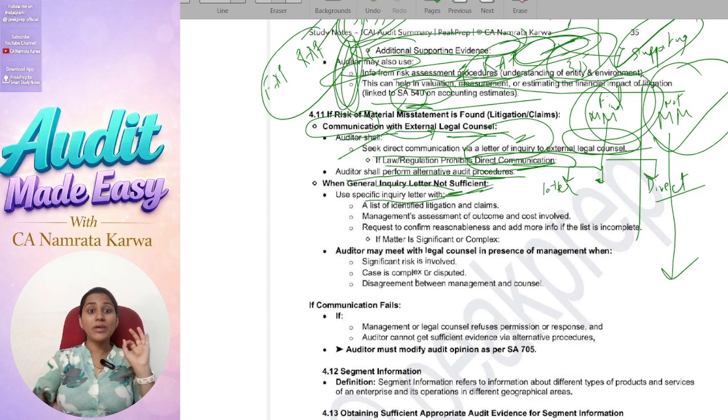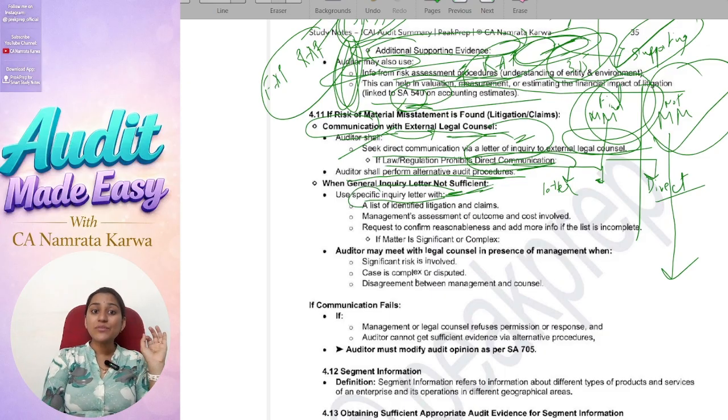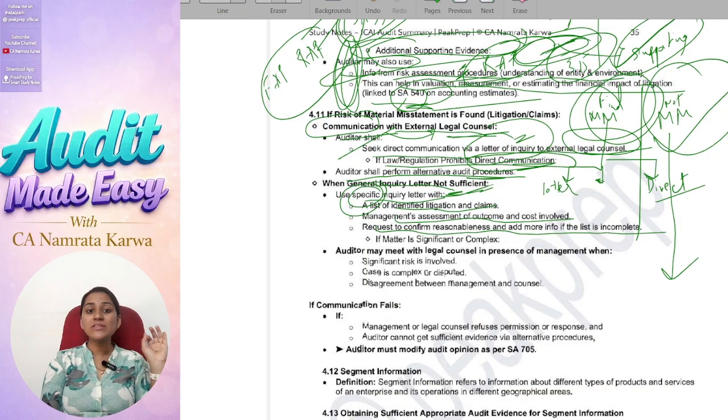Use a specific inquiry letter with a list of identified litigation and claims, management's assessment of outcome and cost involved, and a request to confirm reasonableness and add more information if the list is incomplete, if the matter is significant or complex. If there is complexity involved and the matter is really significant, then you need to use a specific inquiry letter.